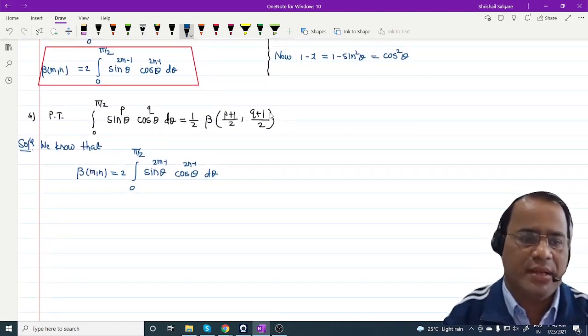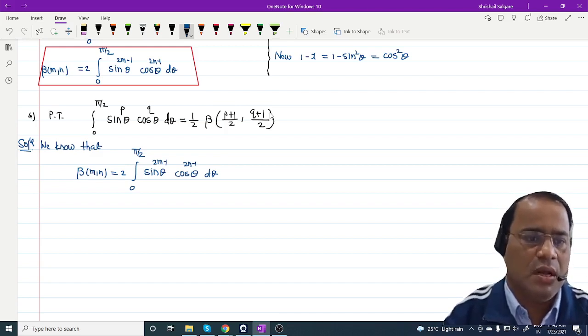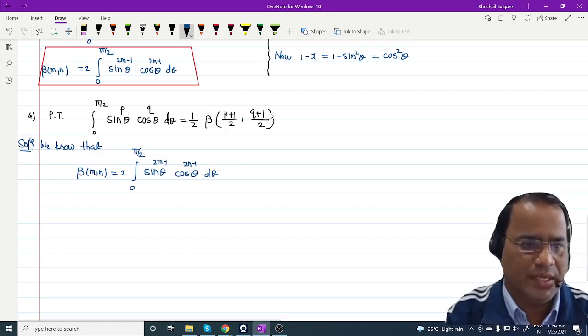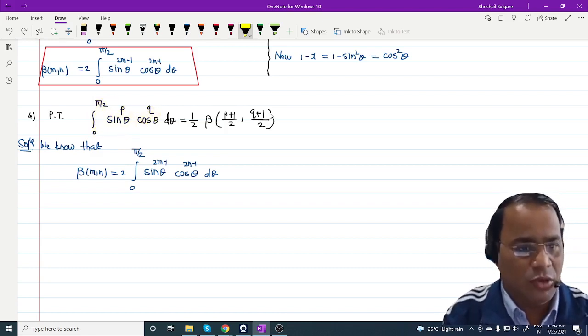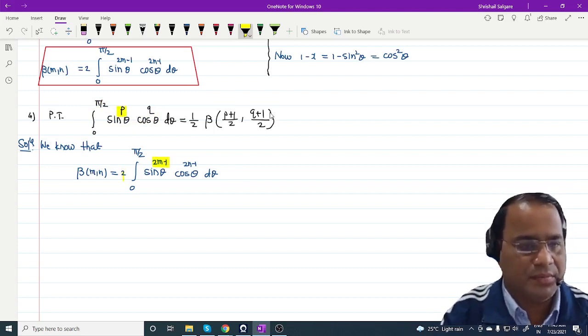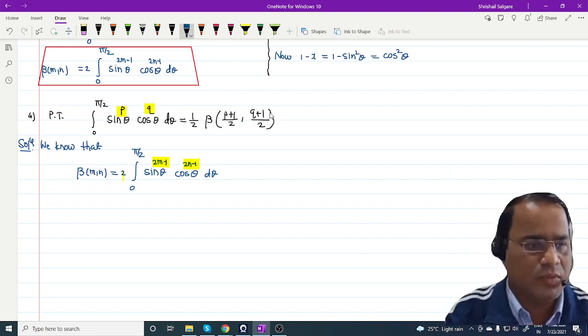Compare both the integrals. This 2 can be adjusted anywhere. Look at this power and this power. Directly you will get the answer. What do you have to do then?